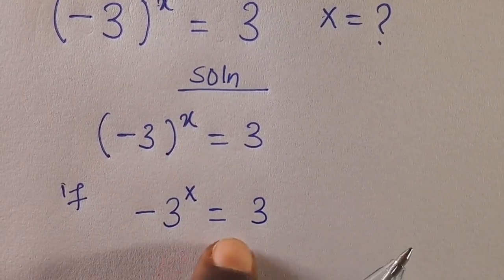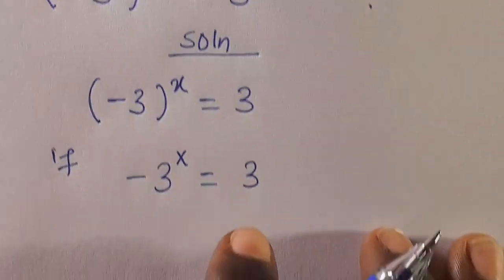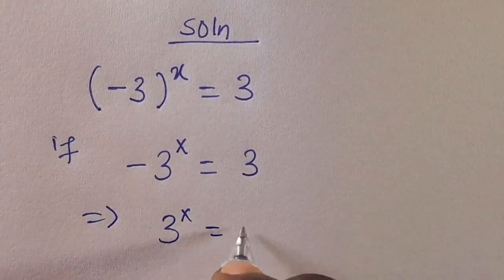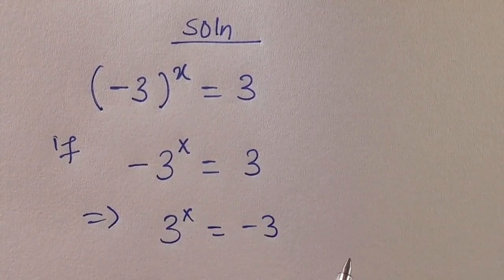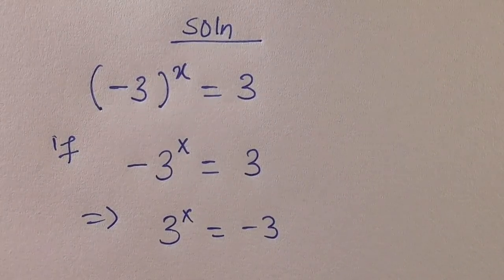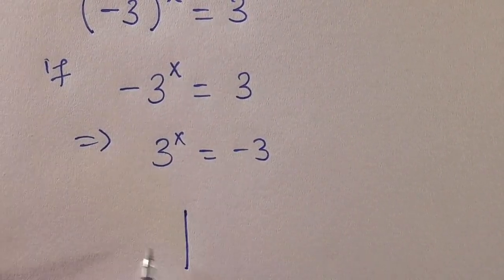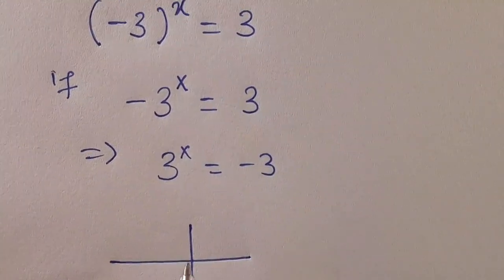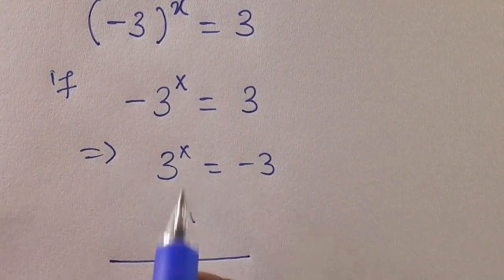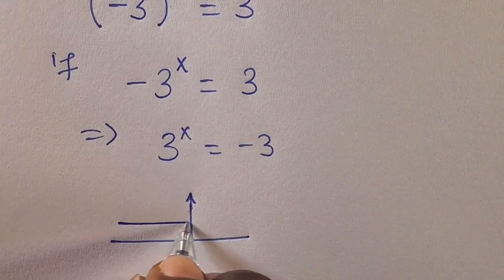So this is very simple to solve, but this one is a little bit difficult because for this one, we can easily have it to be 3 to the power of x equals minus 3. And so when we have this one, even by considering the graph, we can have our graph to be as this.